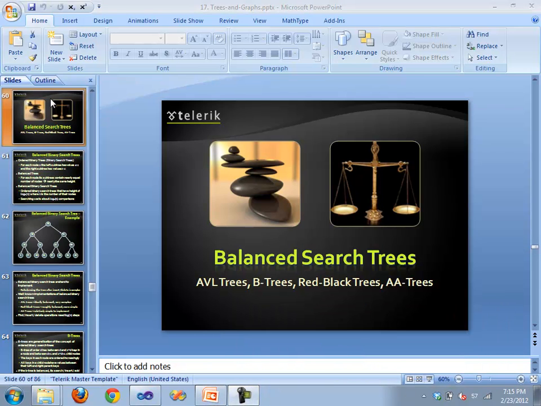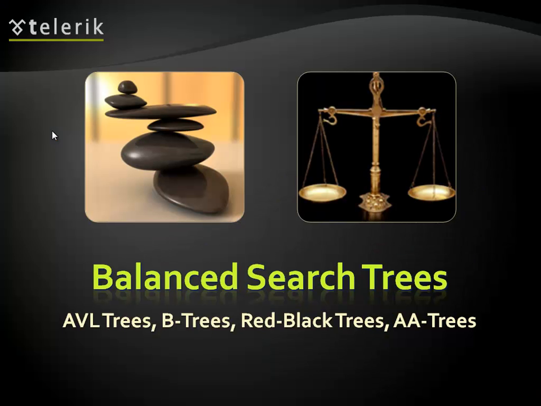Okay, so balanced search trees. What are balanced search trees? We saw what a search tree is, a binary search tree. A tree in which all the elements that are smaller than the root are at the left child, and where all the elements that are larger than or equal to the root are on the right part of that tree, meaning at the right children.